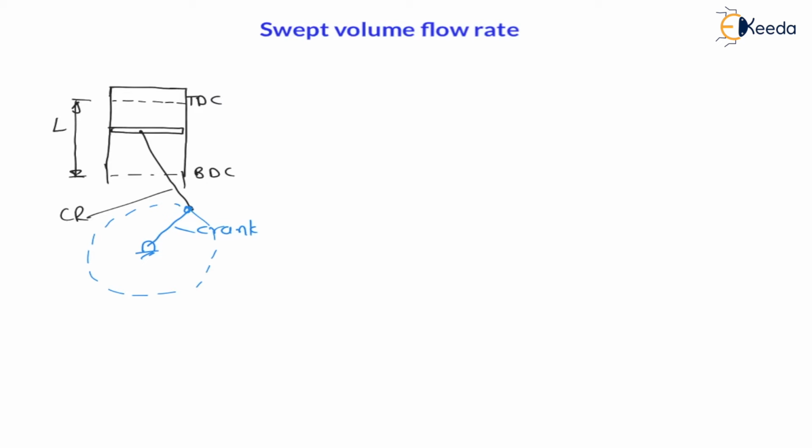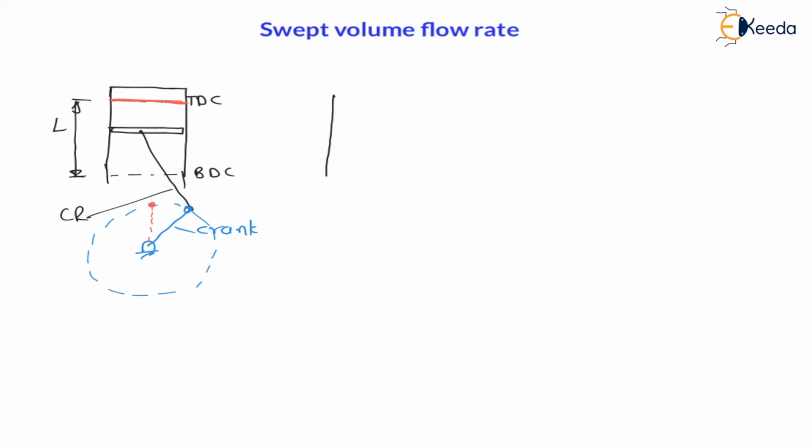Now can you understand here, if this crank position becomes vertical like this, then the connecting rod will be also vertical, and the piston will be at TDC, top dead center. So let us draw this diagram.